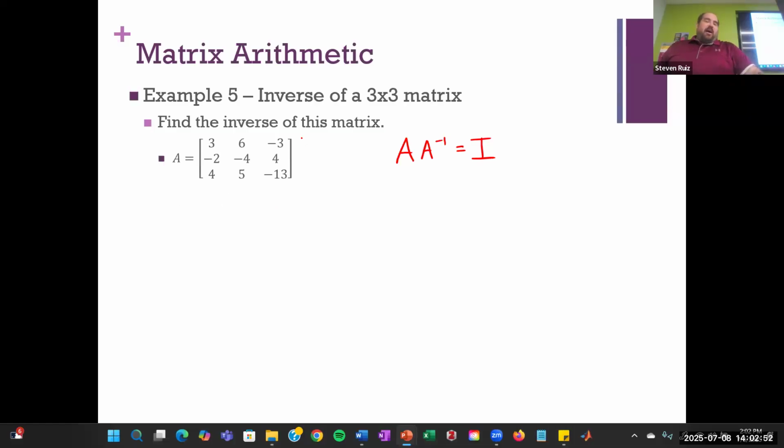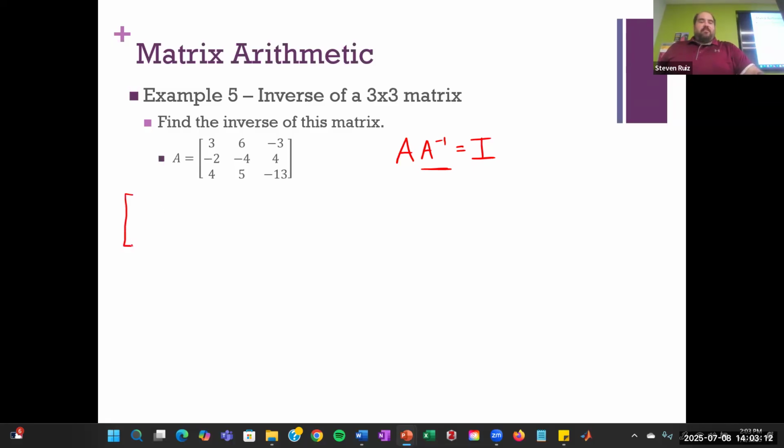So how big is the matrix? How big would the inverse have to be? What would the order have to be? 3x3, because I want to multiply a 3x3 by something to get the 3x3 identity. This A inverse has to be 3x3.